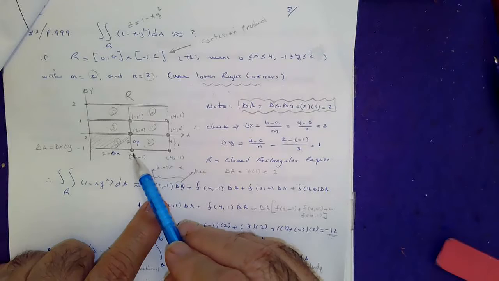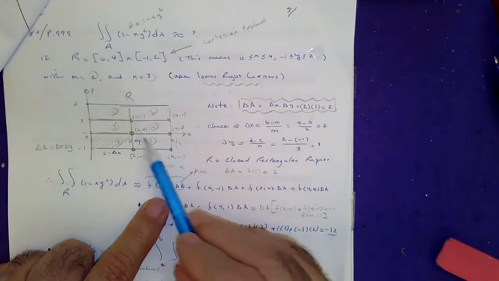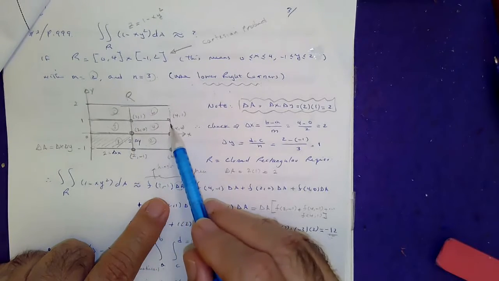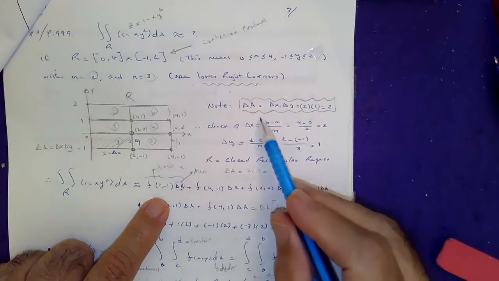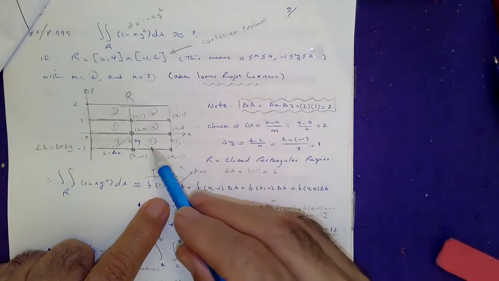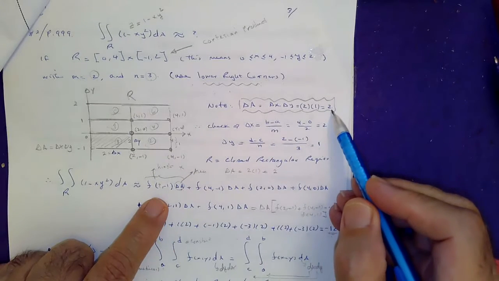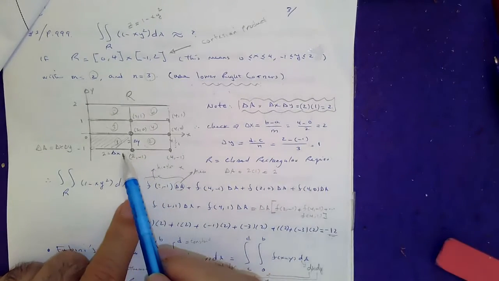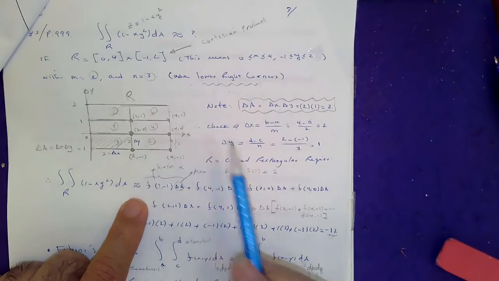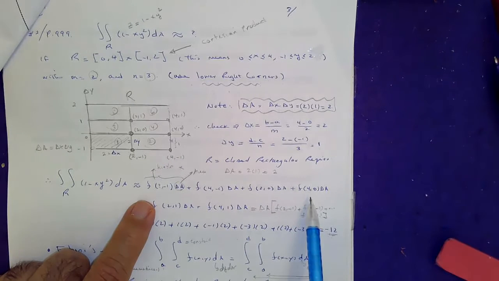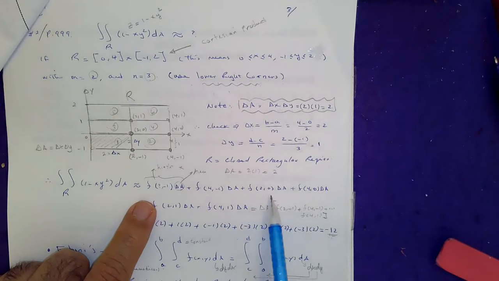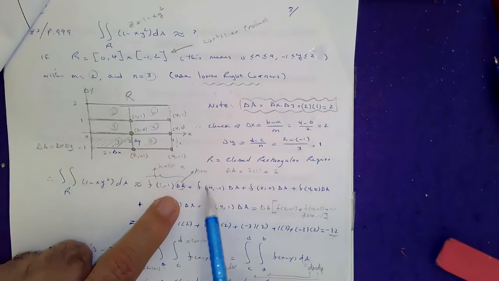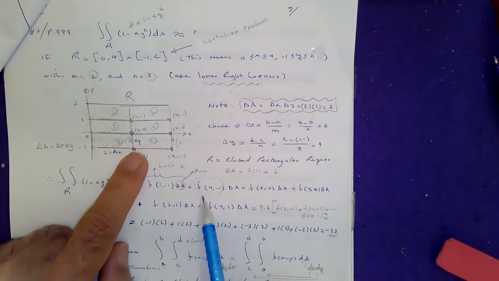So evaluate the function here, here, there, and up here, and multiply by delta A. Delta A for all of these boxes happens to be 2. So you got 1, 2, 3, 4 of these guys. So what? Add up the product of the area of these boxes times the value of the function at those points.